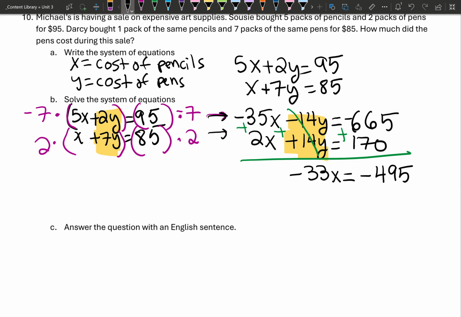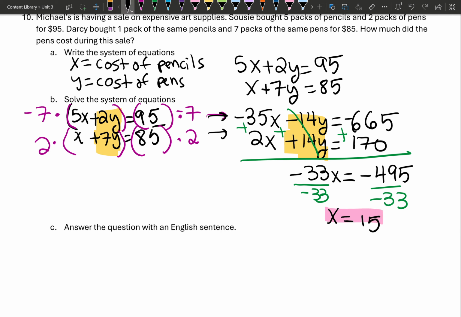And then I'm going to divide that by negative 33. And lucky us, we do get a whole number. I didn't mess this up. We get positive 15. Cool. X is 15.